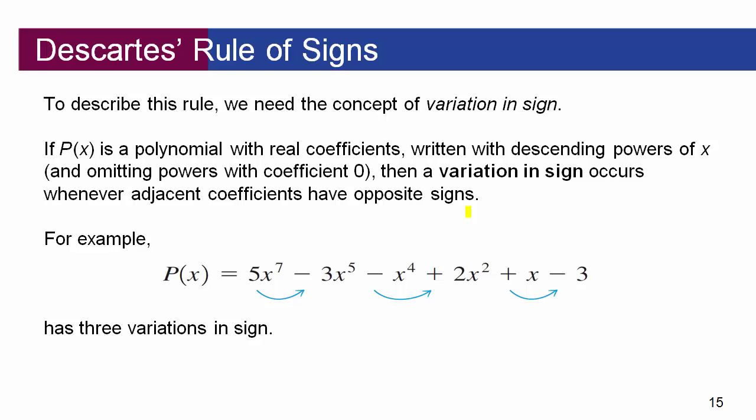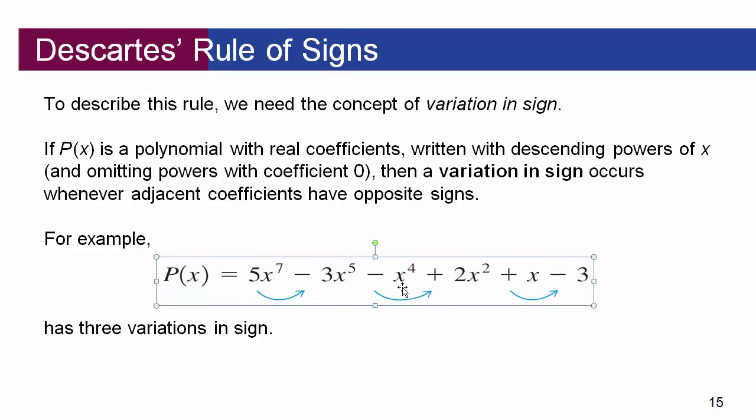And now, if it's written in descending powers of x, and you omit powers with 0 coefficients, so you can see in this example, it went from power 7 to power 5. We didn't write a power 6 in there, like 0 times x to the 6. Then a variation in sign occurs whenever an adjacent pair changes. So we went from positive to negative, so that's a change in sign. We go from negative to negative, so nothing happens there.